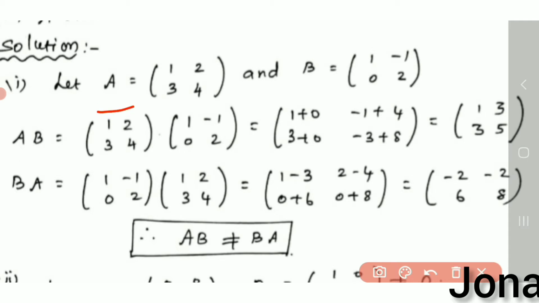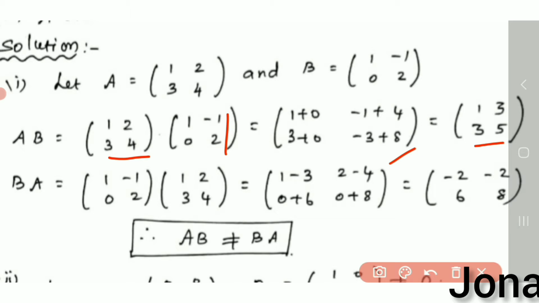It's nothing but first row and first column is 1 plus 0, and then first row and second column is -1 plus 4, and then second row first column is 3 plus 0, then second row second column is -3 plus 8. Therefore, we have 1, 3, 3, 5.